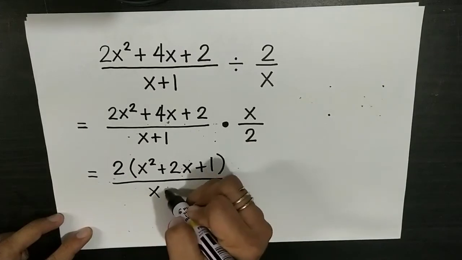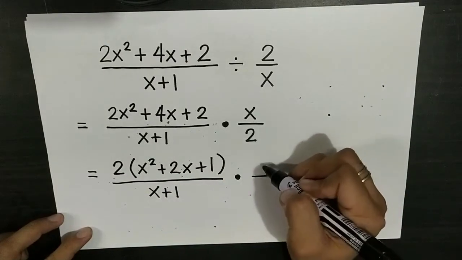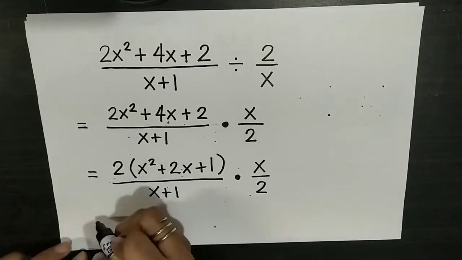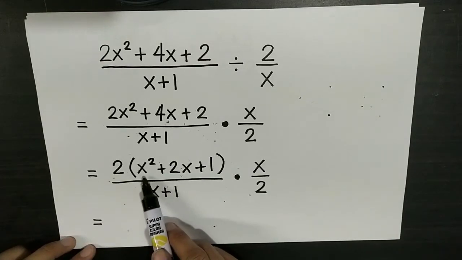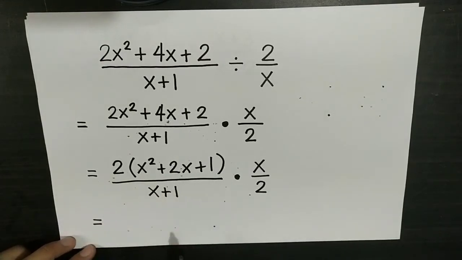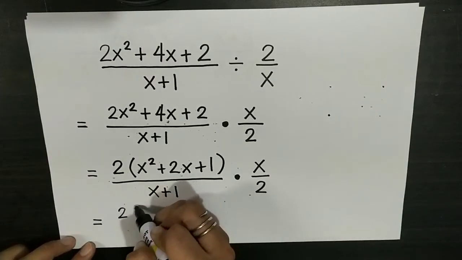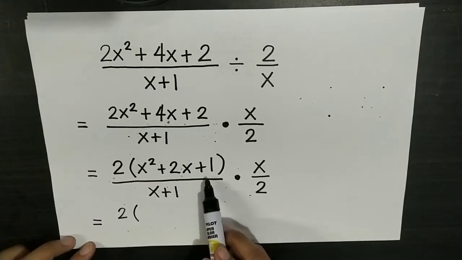Then copy non-factorable expressions. Okay, we are not yet done with this factoring. We have x squared plus 2x plus 1 can still be factored. We have to factor this. This is a perfect square trinomial. I have also a video on how to factor perfect square trinomial.